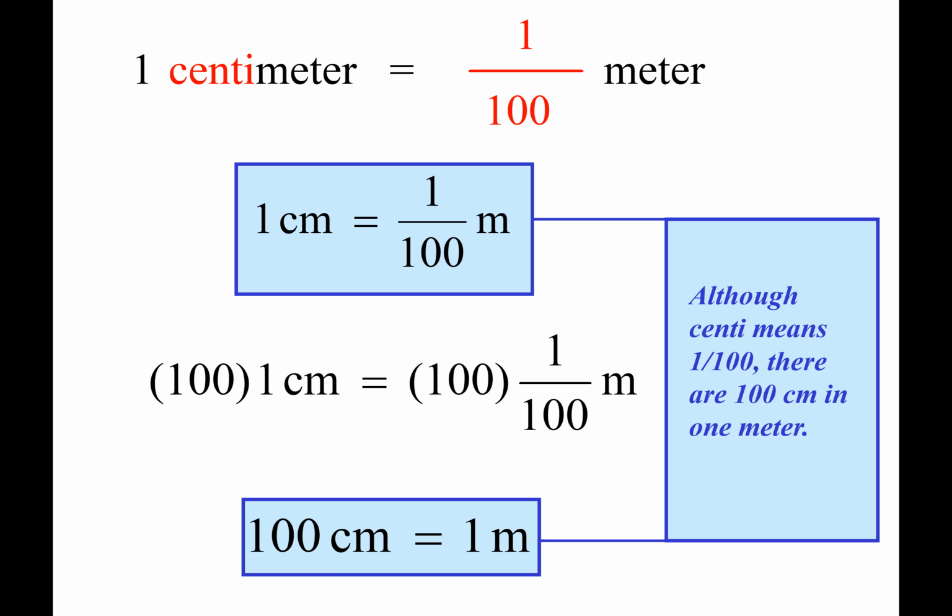You're in good shape if you put 100 centimeters is equal to 1 meter, but I see people write 100 meters is equal to 1 centimeter all the time. So you've got to take one more look at it. Does 100 meters equal 1 centimeter? No. But are there 100 centimeters in 1 meter? Yes.